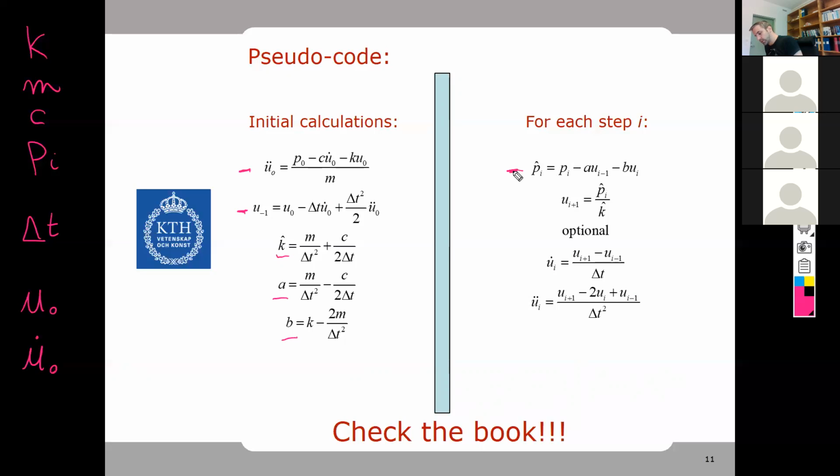Okay, so this one and this one. So all this side are initial calculations, so they are performed only once. But these two calculations are performed as many times as you need.